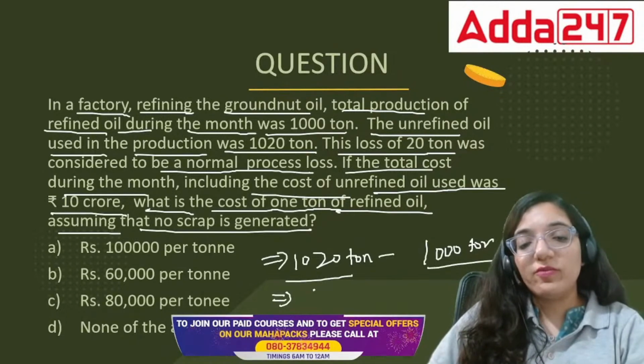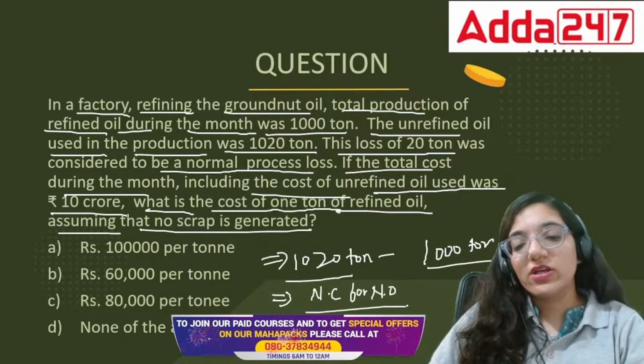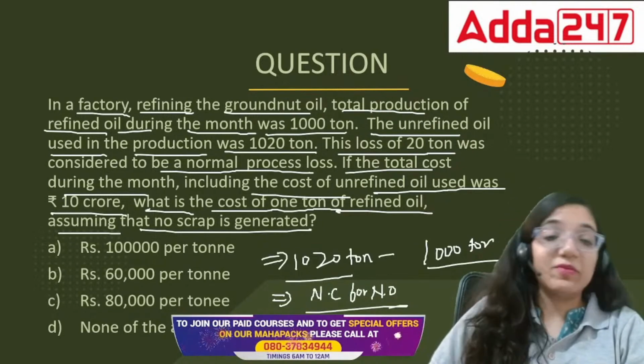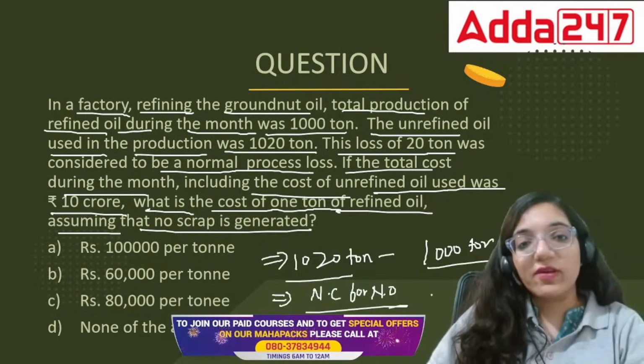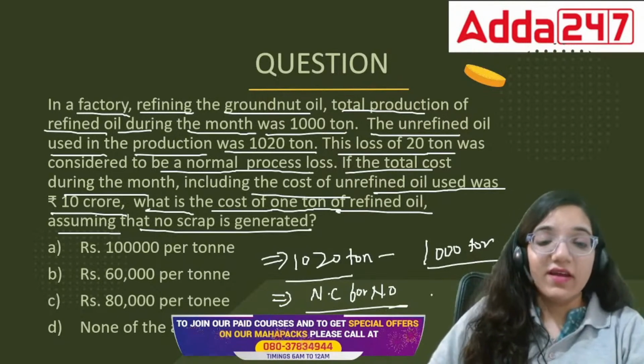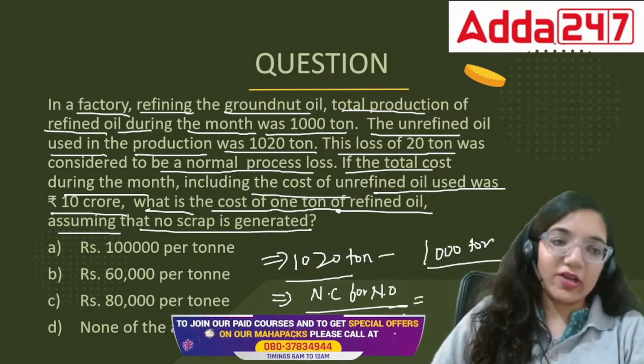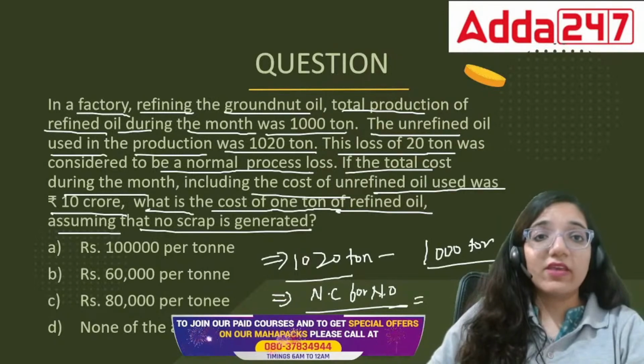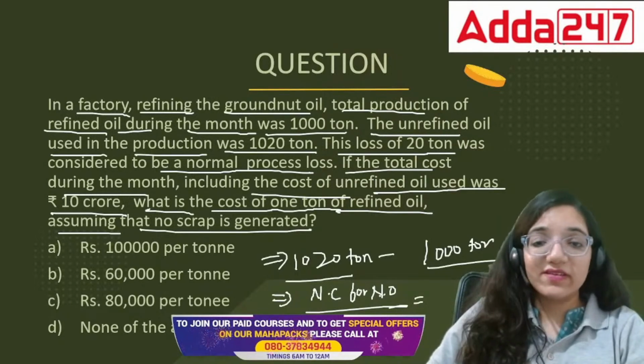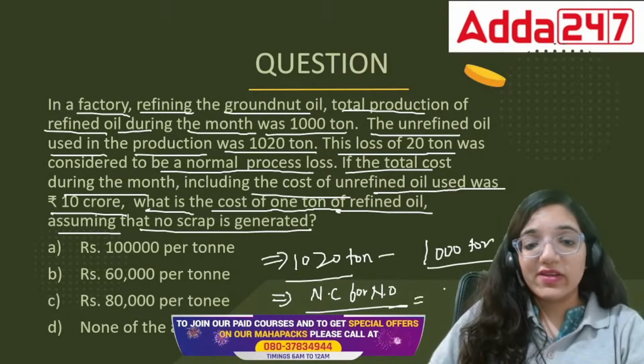That will be normal cost for normal output divided by normal output. That means we are agreeing that there is going to be a loss. Acceptance of reality. How can I say we won't be having any kind of losses? You are working with oil, it gets poured, it gets wasted. It's very, very normal.